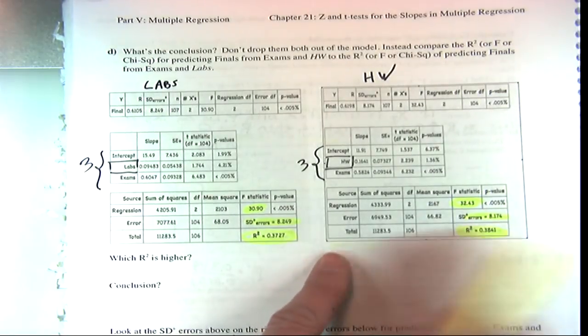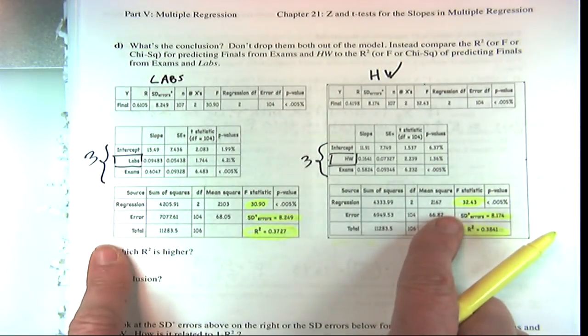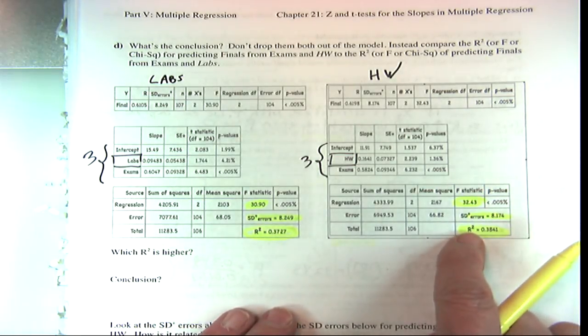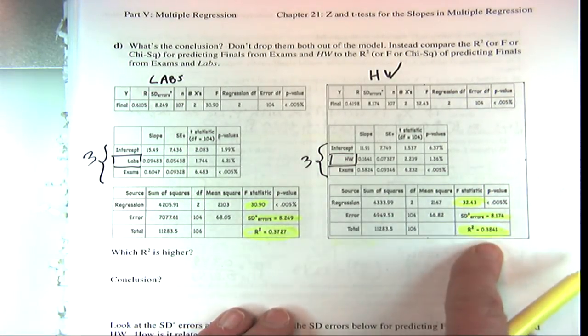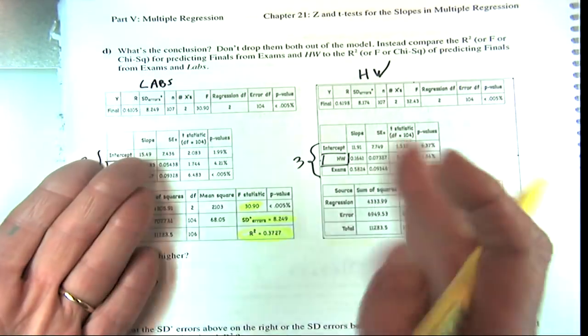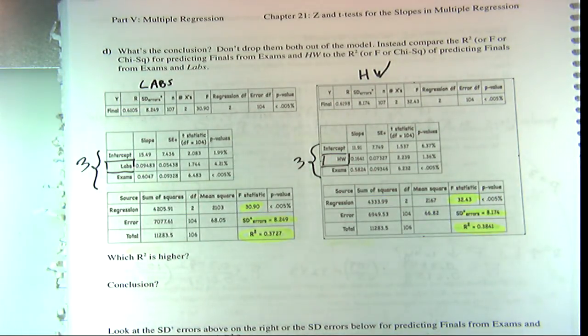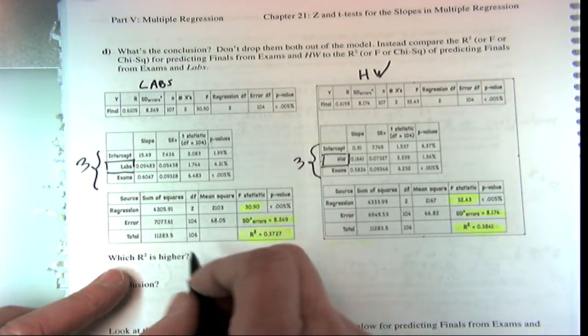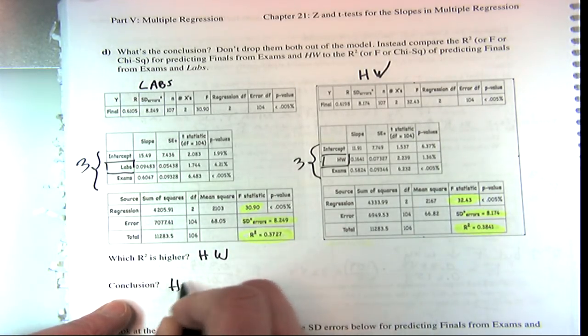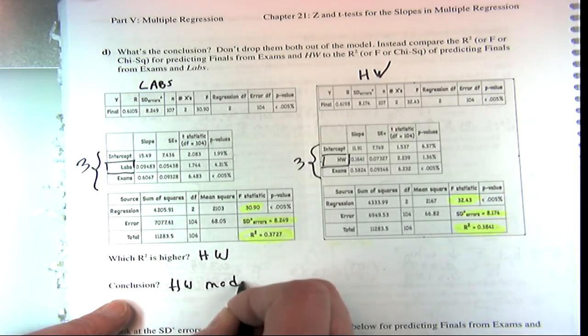All the measures go in the same direction here because we have the same number of parameters. What I mean when I say they all go in the same direction is that on any measure, this model's better because we're comparing apples to apples, the same number of parameters. All right, so which R-squared is higher? Homework. Conclusion, the homework model is better.